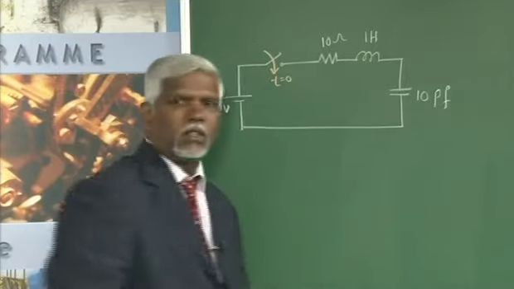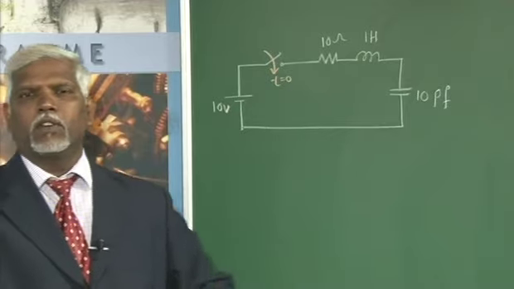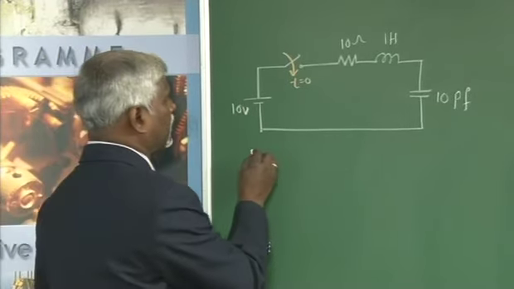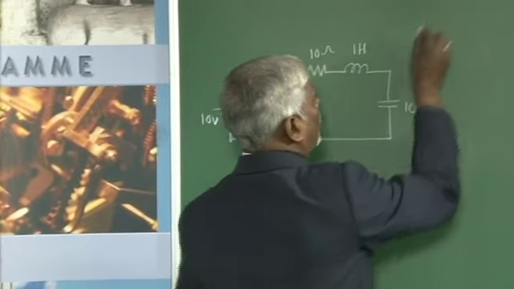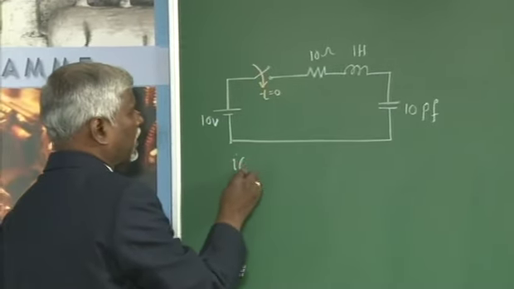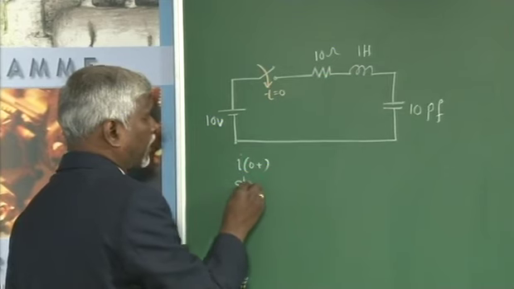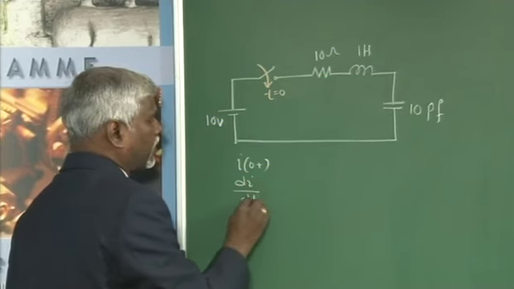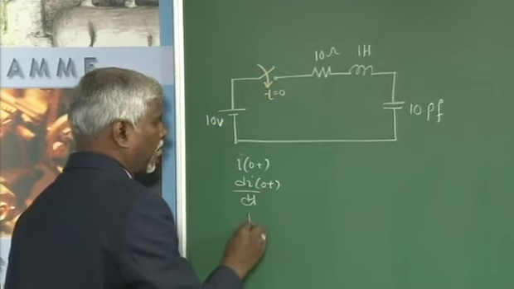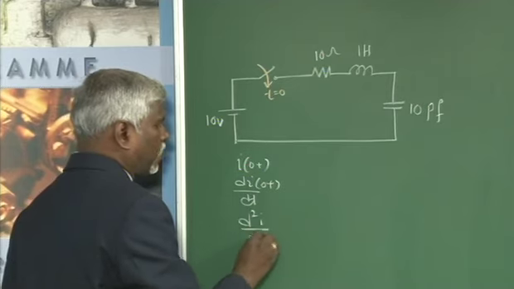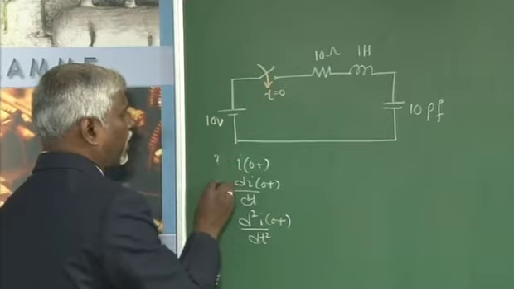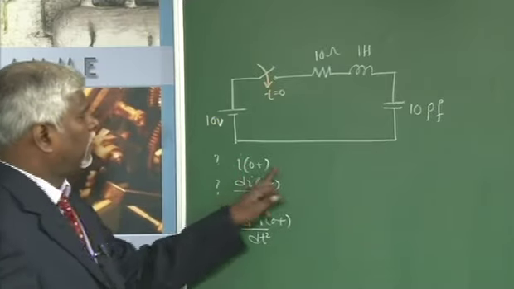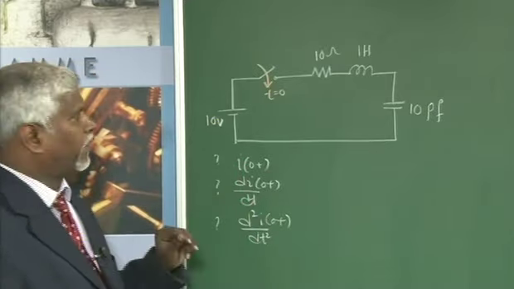As we know, the first thing is we look at the history of the network at t equal to 0 minus. Here the expectation is to find the current at 0 plus, the derivative of the current di by dt at 0 plus, and d squared I by dt squared at 0 plus. So, we need to find the current derivative and its second derivative.